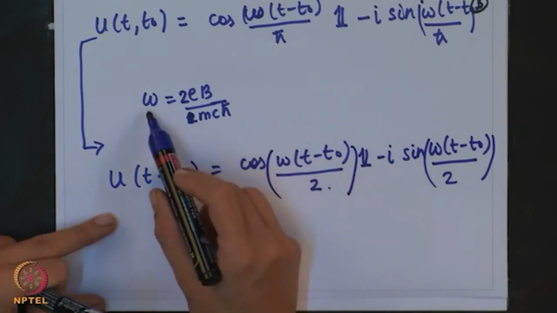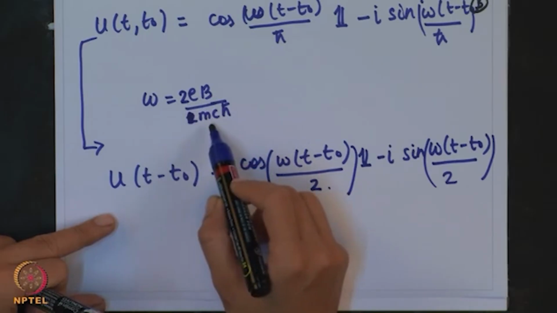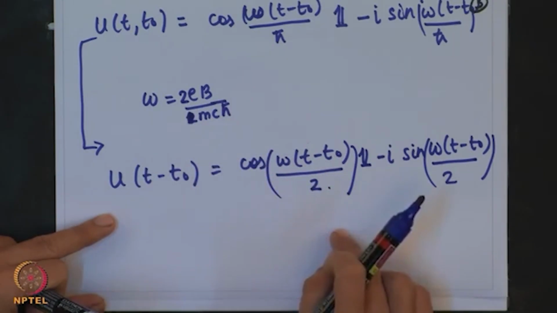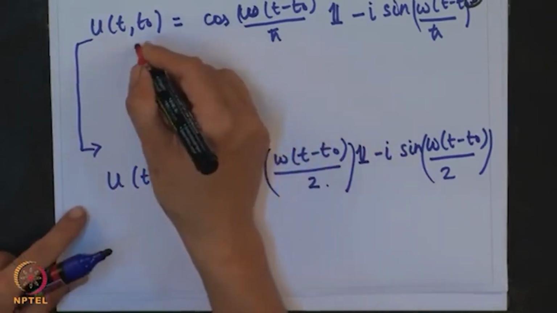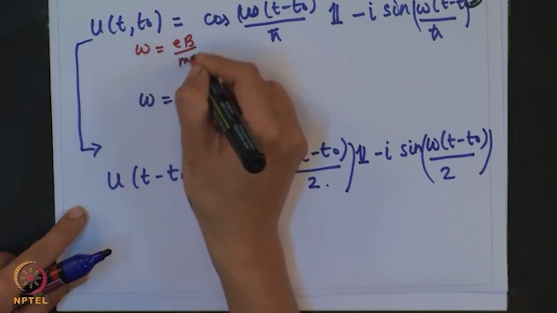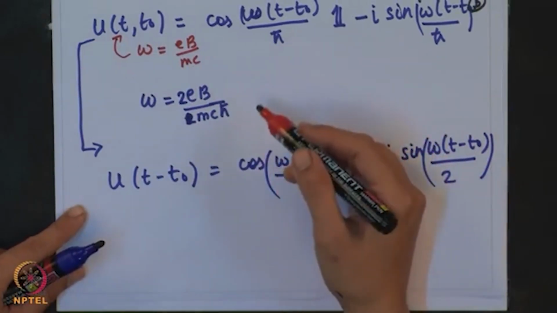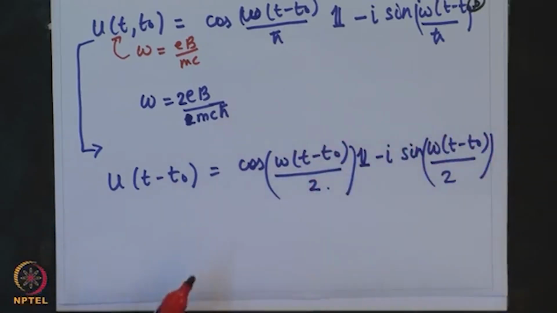So, if we start by writing omega as eB upon mc h cross, then we obtain this result. However, we had started by writing omega as eB upon mc. So, it is just the way you define omega. We will get the same result.